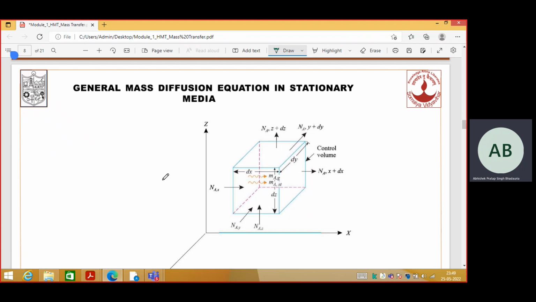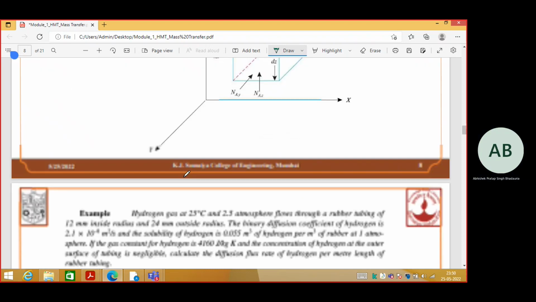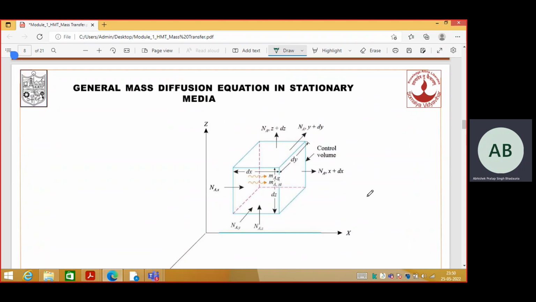The concept is the same, and it is very well explained in the notes I've already provided to you.